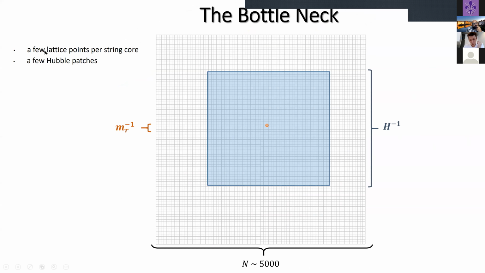This means that log over H, which should be 70 at the QCD transition, is only bound to be at most the log of the ratio between the cube and the circle, which is 7 or 8, since in the lattice there can be at most 5,000 points with today's numerical capabilities. And as a result, of course, numerical simulation cannot study directly the whole evolution.